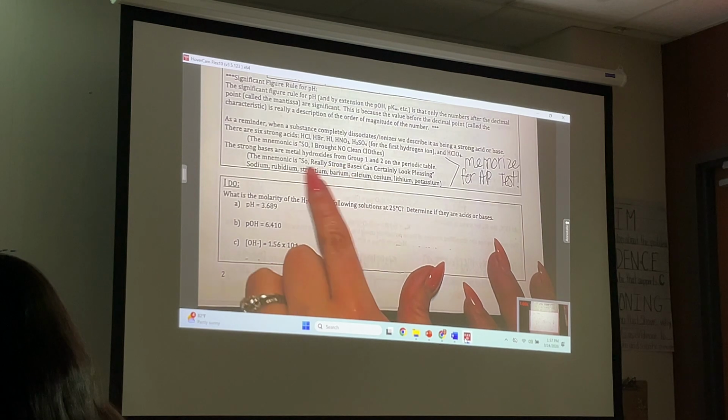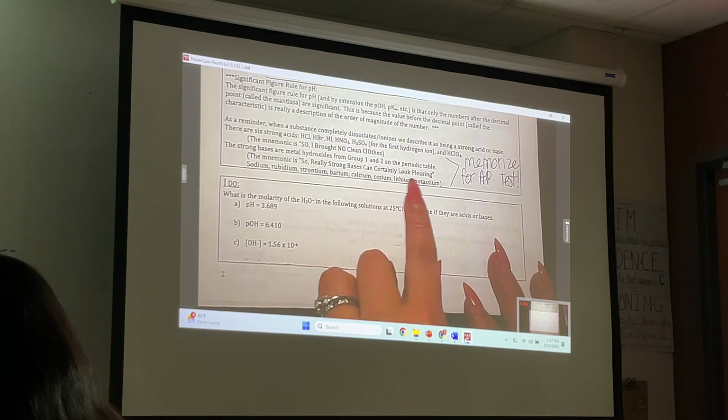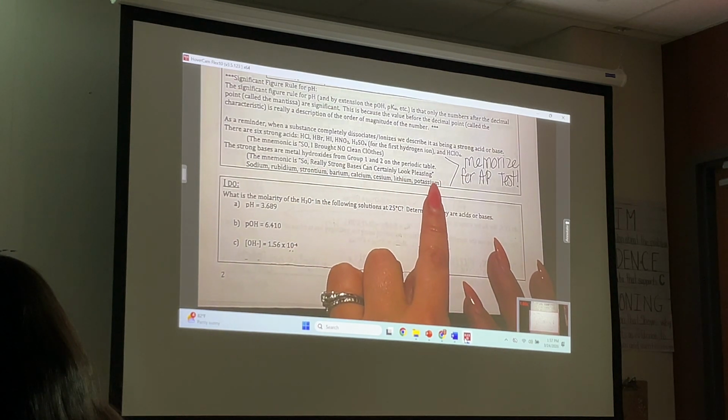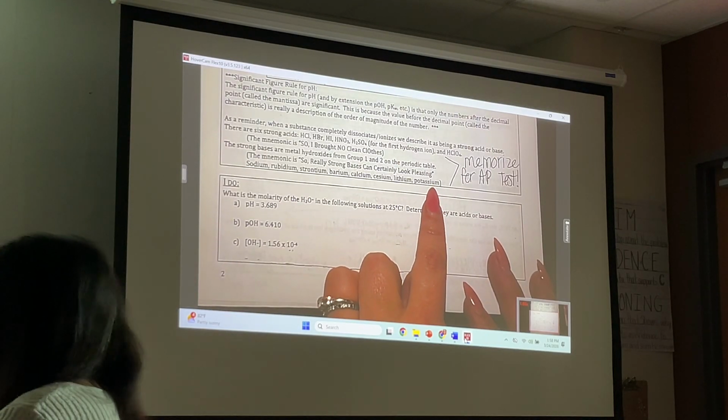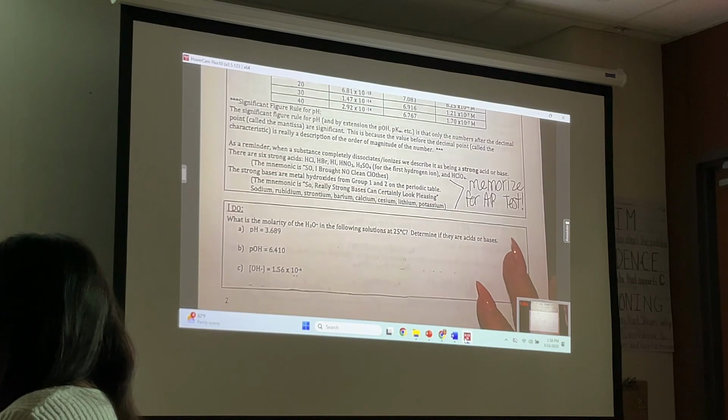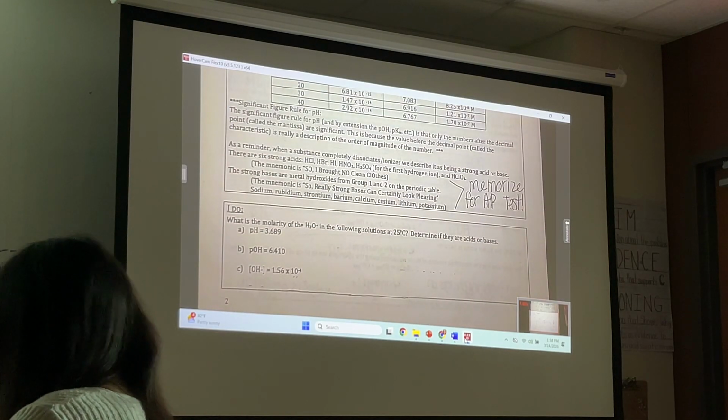Their mnemonic is: So Really Strong Bases Can Certainly Look Pleasing. Tomorrow, I'm going to give you a pop quiz over your strong acids and your strong bases. So make sure that you memorize them and study them tonight. We'll be using them a lot in this unit, and especially for your AP Chem test on May 5th.